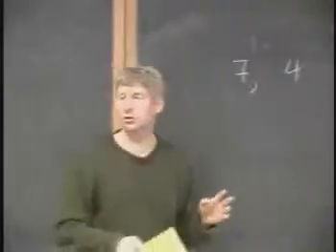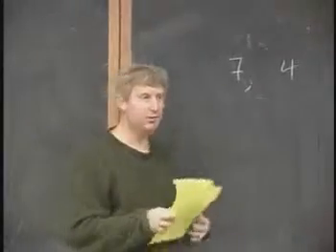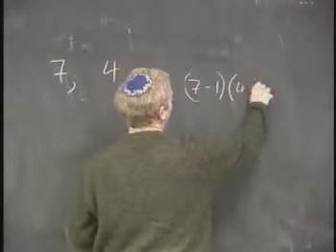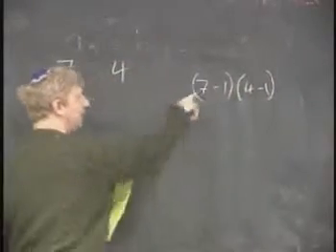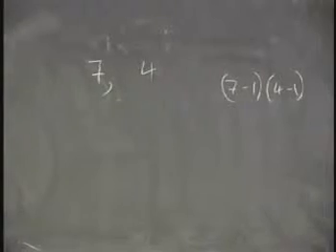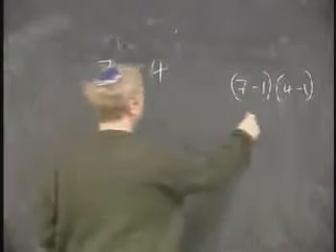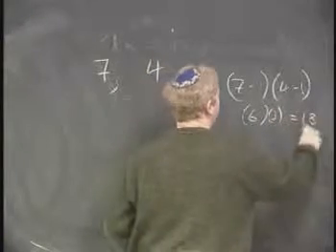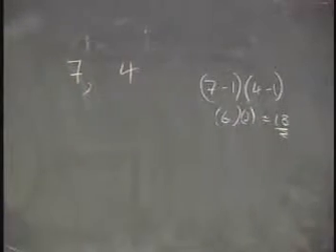The number of different scores you can get is anything from 7 minus 1 times 4 minus 1 and up. Anything equal or bigger to this number you can get. So what is this? 6 times 3, which is 18. You can get 18 and any number higher than 18.